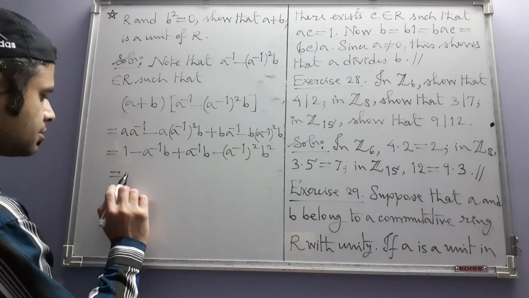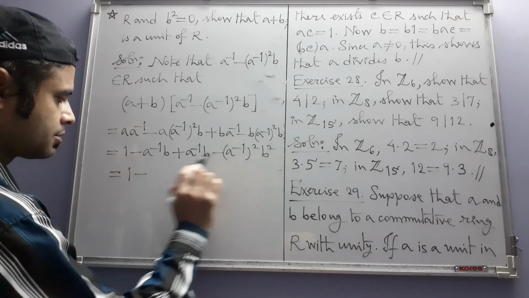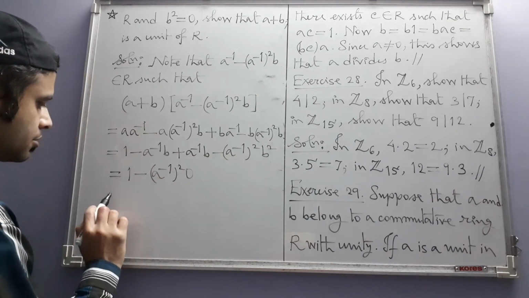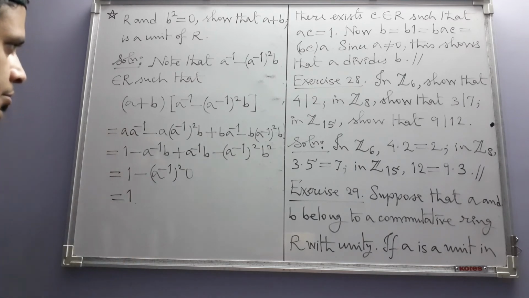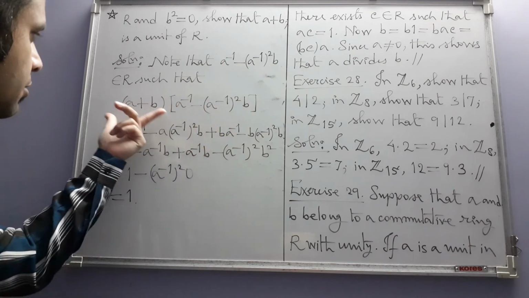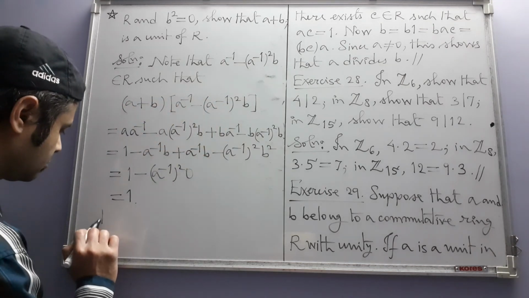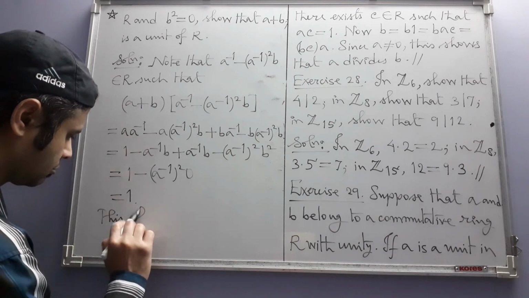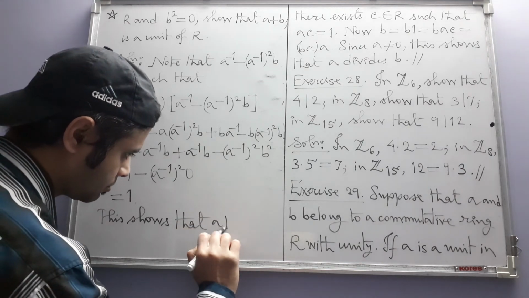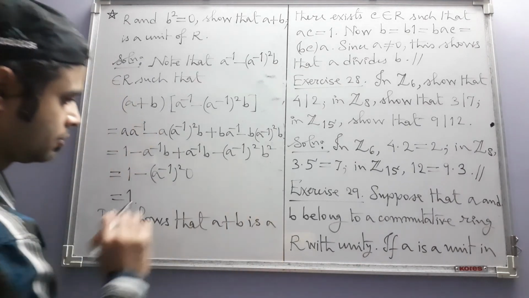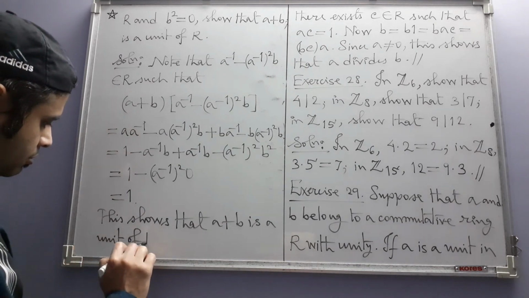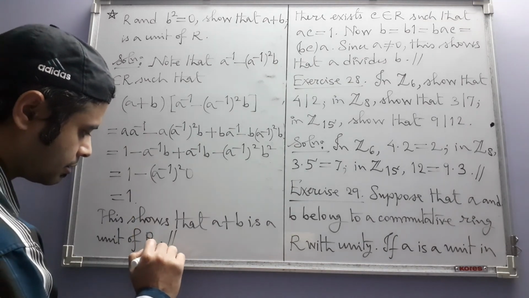These two things give us 0. Now since B square is given to be 0, ultimately we get 1. So that's why this acts as a multiplicative inverse of A plus B. So A plus B is a unit of R.